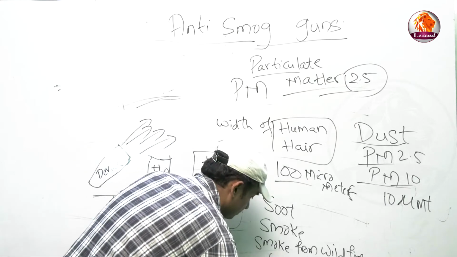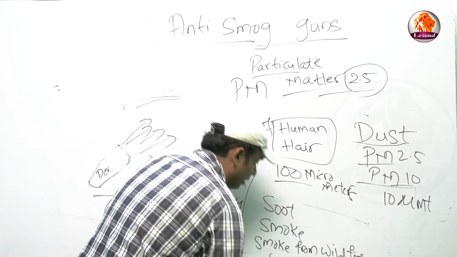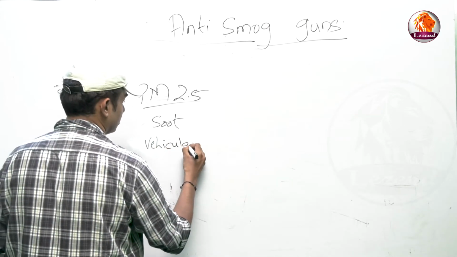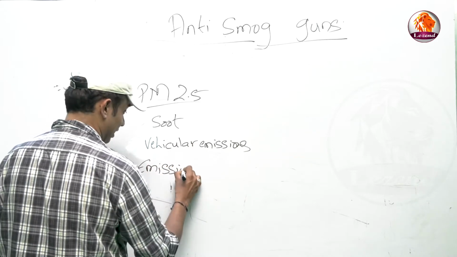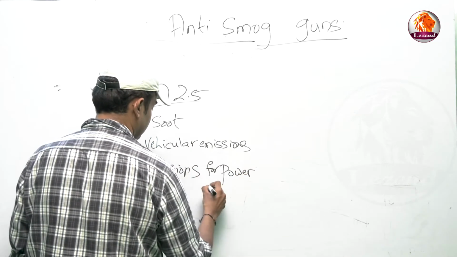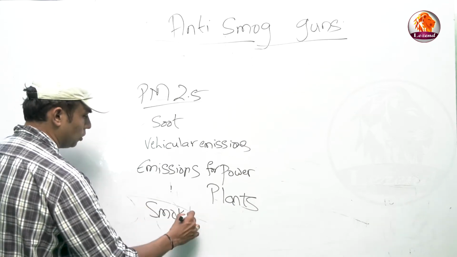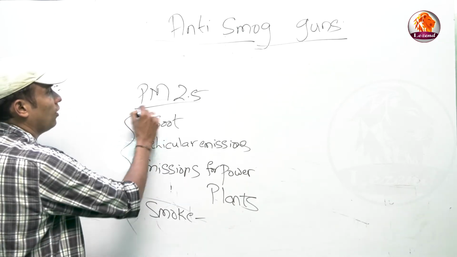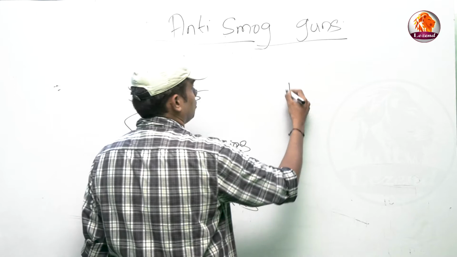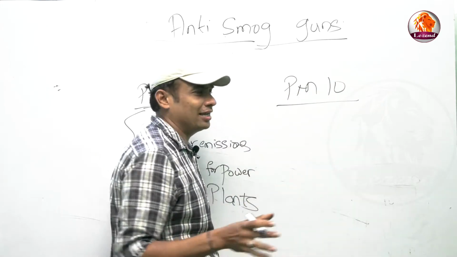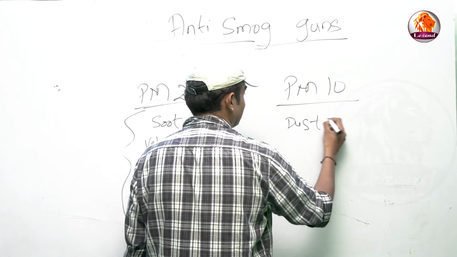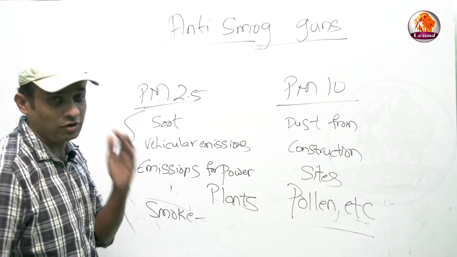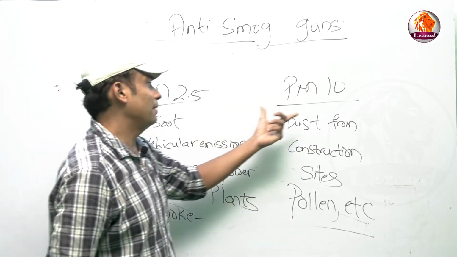Vehicular emissions, diesel engine emissions, emissions from power plants, smoke from wildfires, any fire, tobacco smoke. These are all the main sources of particulate matter 2.5. Particulate matter 10 mainly comes from the dust from construction sites, pollen. Okay, now we have understood what particulate matter 2.5 and particulate matter 10 are.